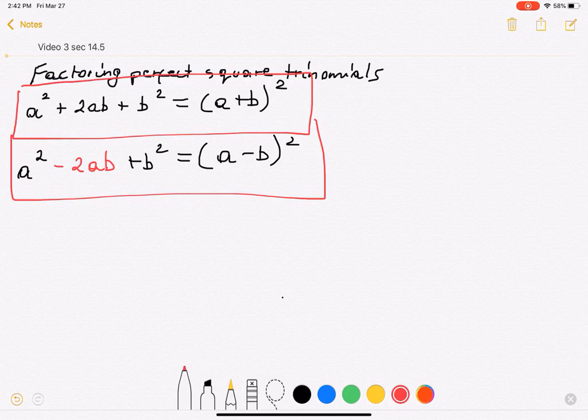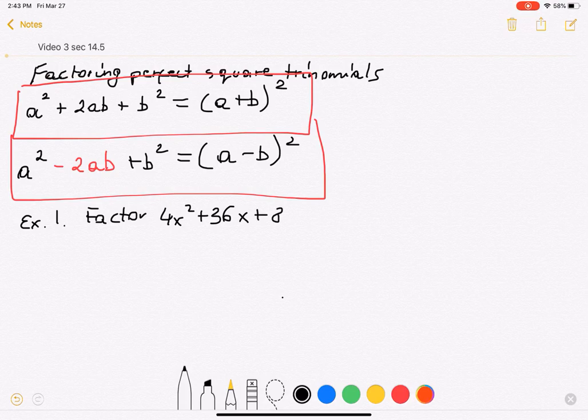Okay, so let's work with an example. Factor 4x squared plus 36x plus 81.